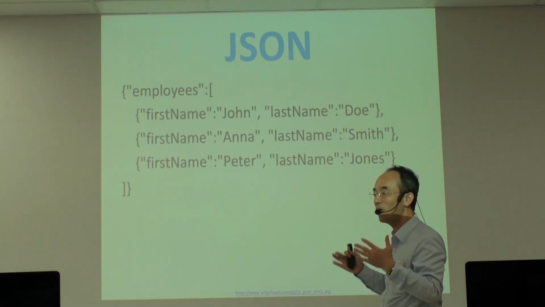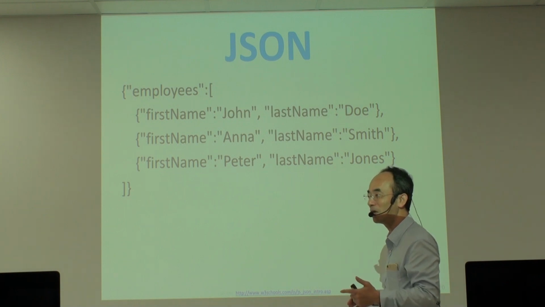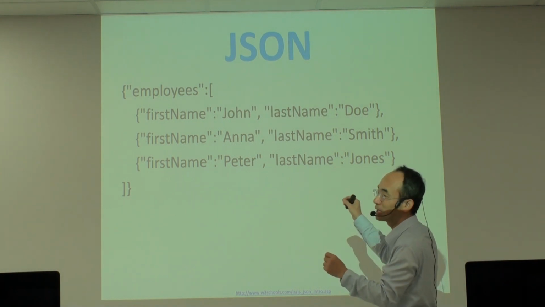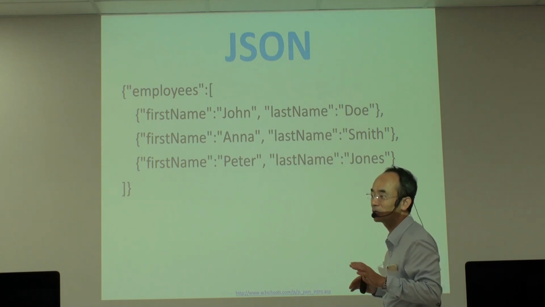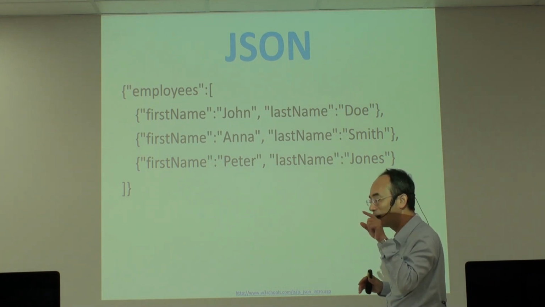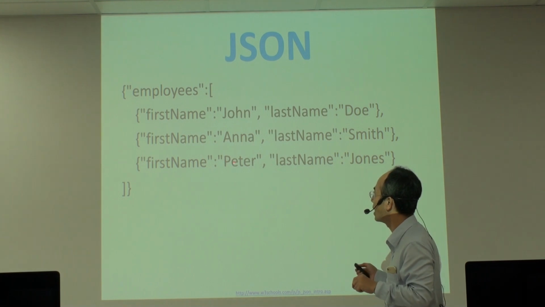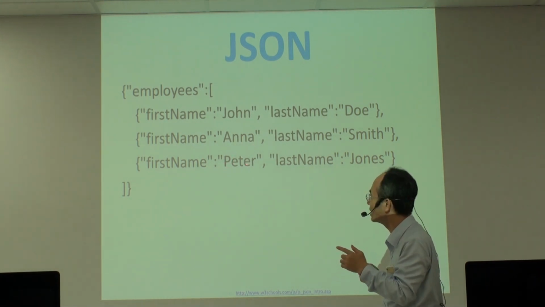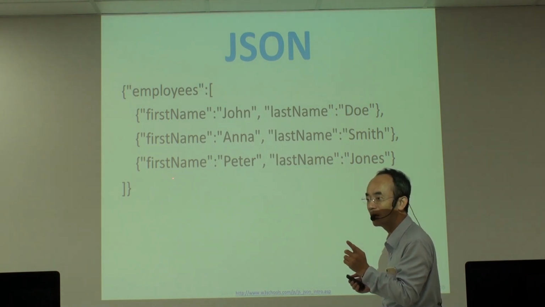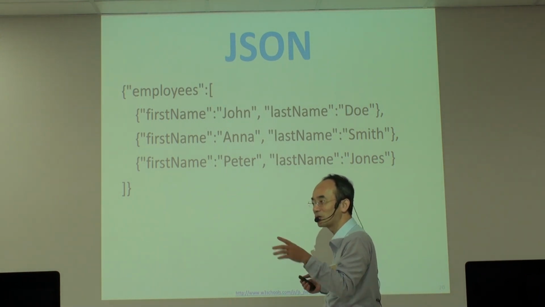So in mobile app design, I highly recommend you use JSON. Why are we not using CSV files? Because it is hard to identify what is Peter. Is Peter a company name or a first name, right? Or is this an address? So different.